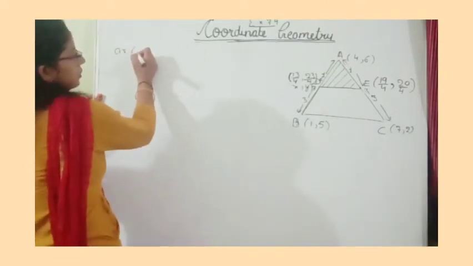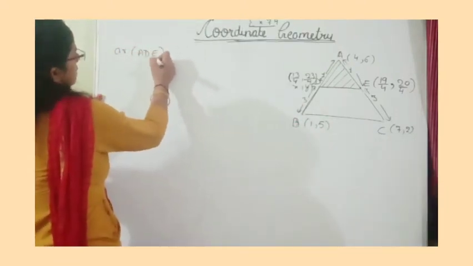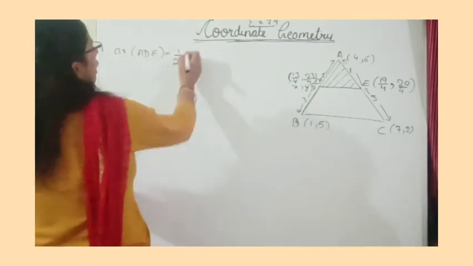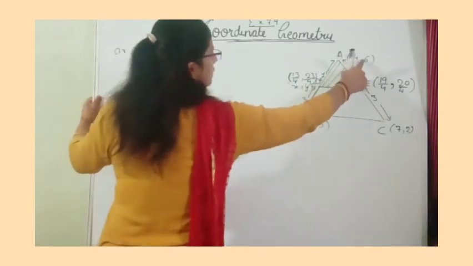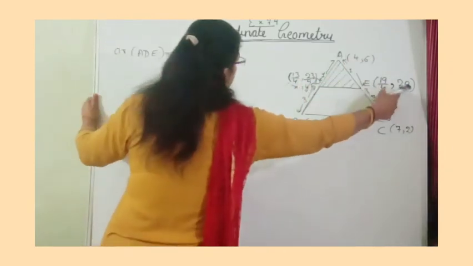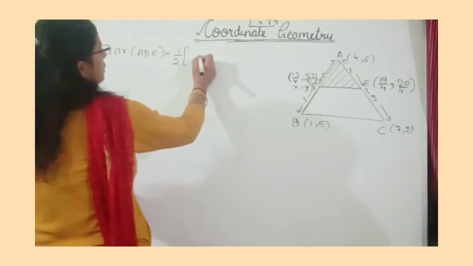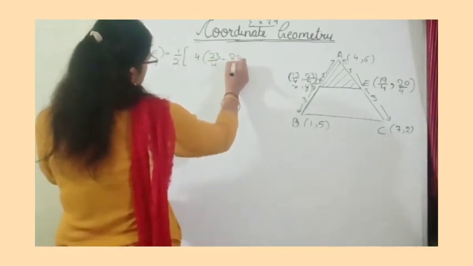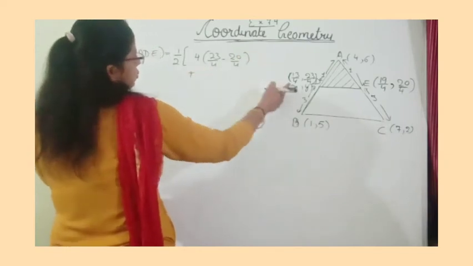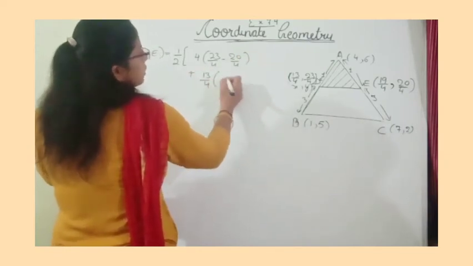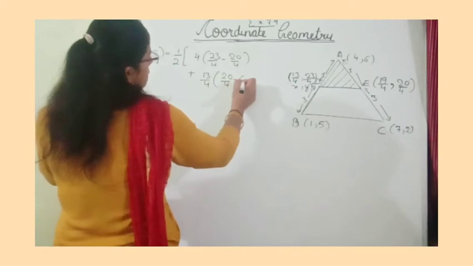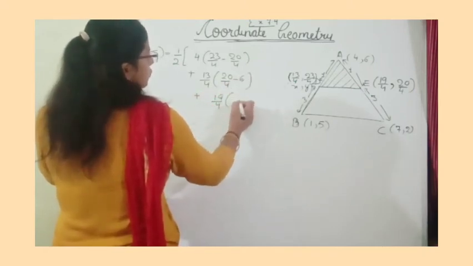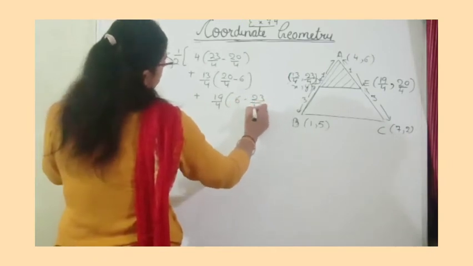Area of ADE is equal to, now already you know the formula of area, half times x1. Now this is x1 by 1, x2 by 2 and x3 by 3. So what is x1? 4 into (23 upon 4 minus 20 upon 4) plus x2, 13 upon 4, into (20 upon 4 minus 6) plus x3, 19 upon 4, into (6 minus 23 upon 4).